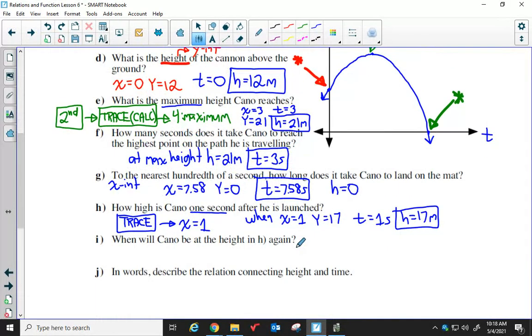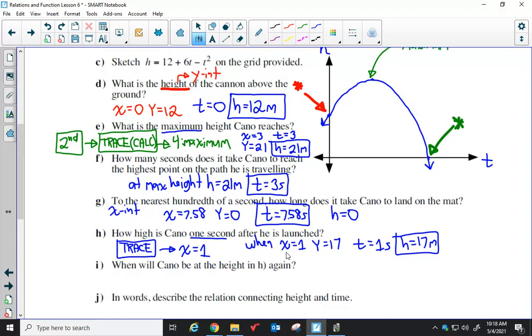Okay, I: it says, when will Kano be at the same height as identified in part H? So here's the idea that I want to use here. At 1 second, he's at a height of 17 meters.